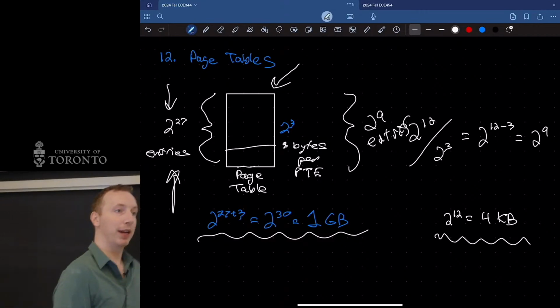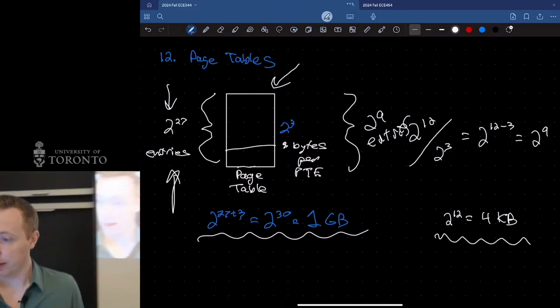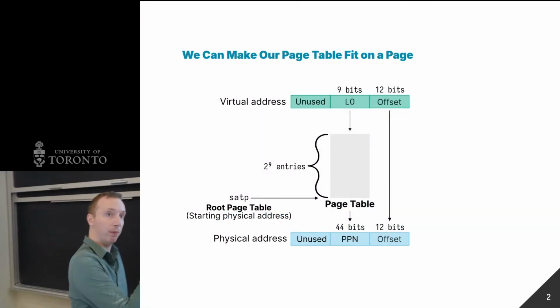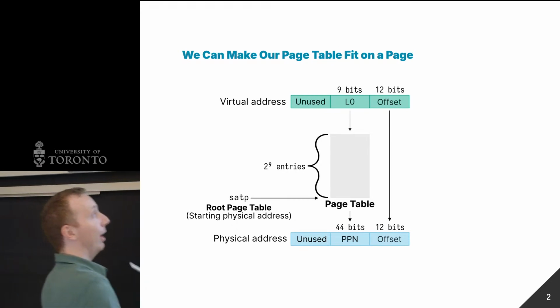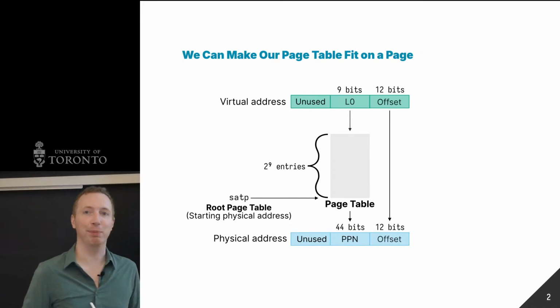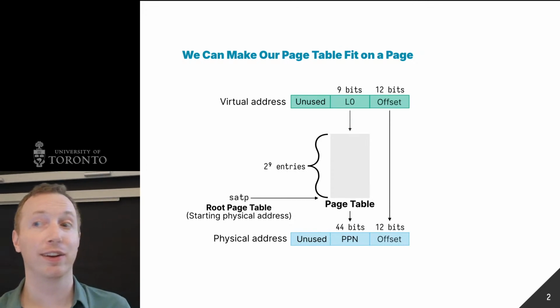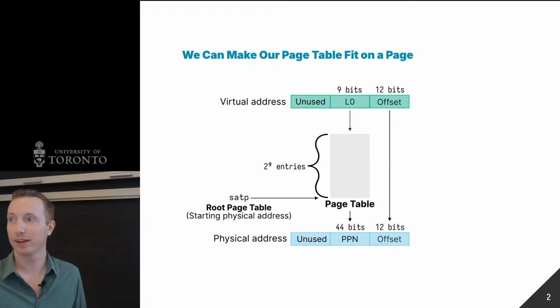Everyone okay with that? All right, that is what I'm going to do here. Now how big of a virtual address can I support? How many bits can I use for a whole virtual address?